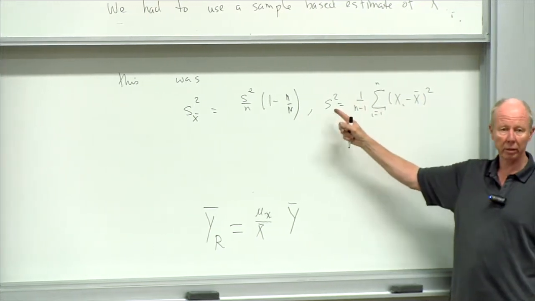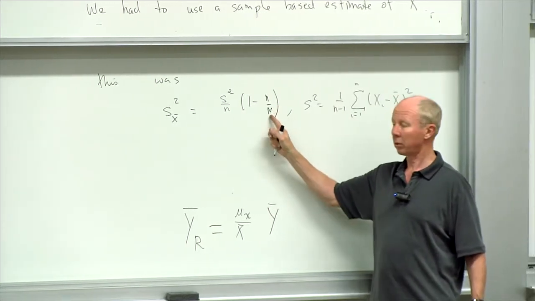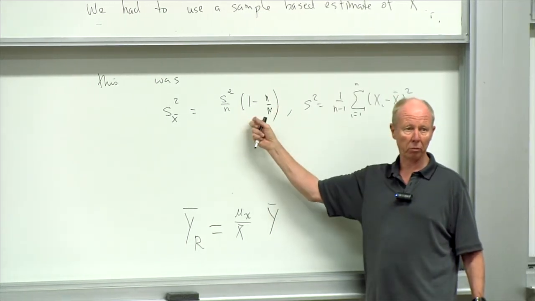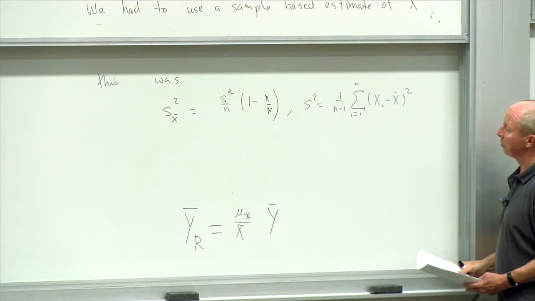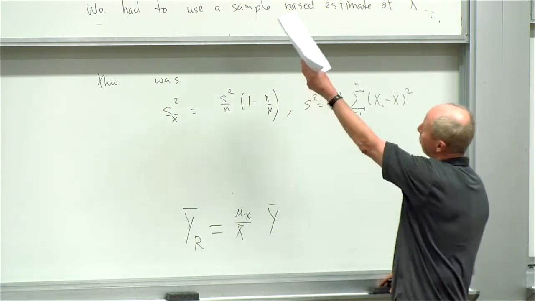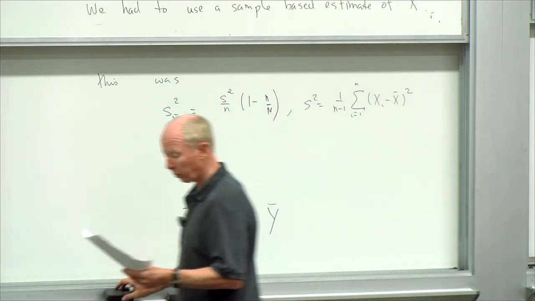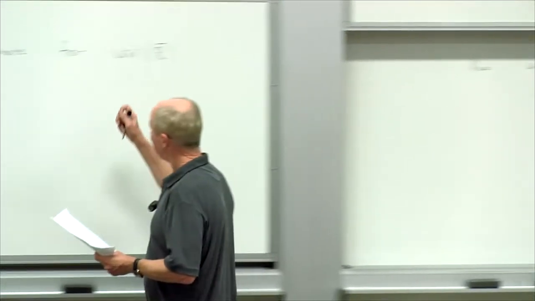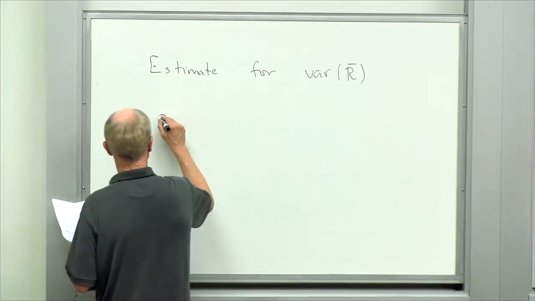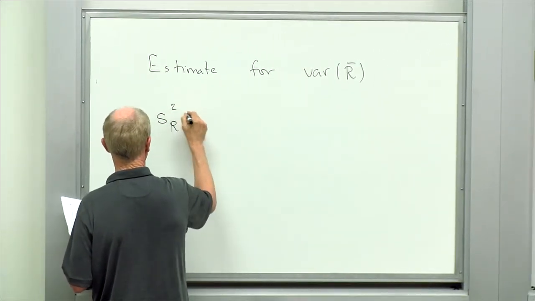The s squared depends on the sample. And these numbers are known. So this is something you can compute once you've got the sample. And we use that for variance of x bar. So we have to do something like that here. It turns out the thing you use here is s sub R squared.